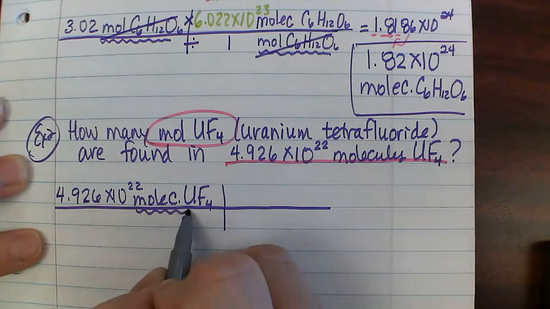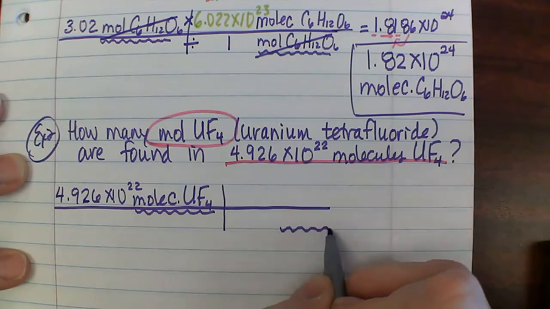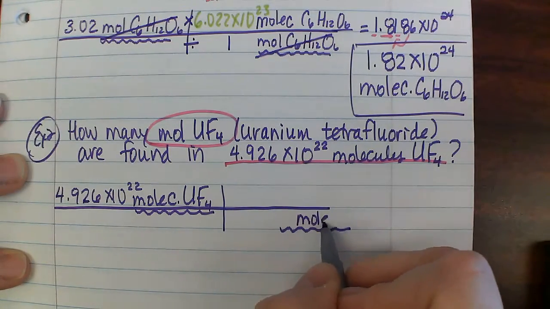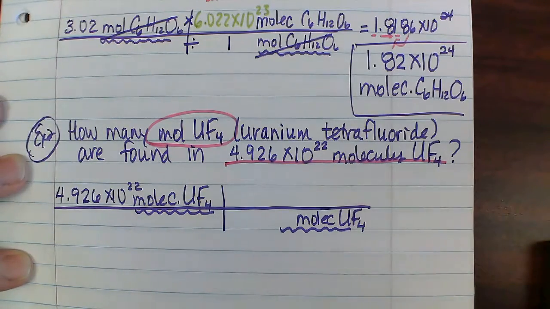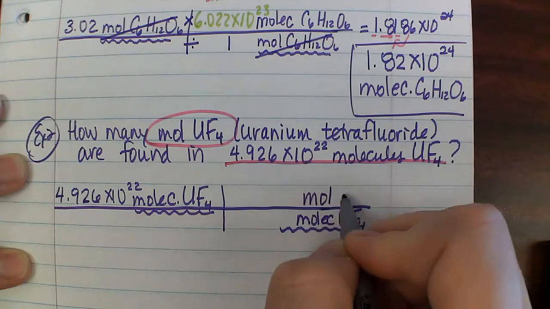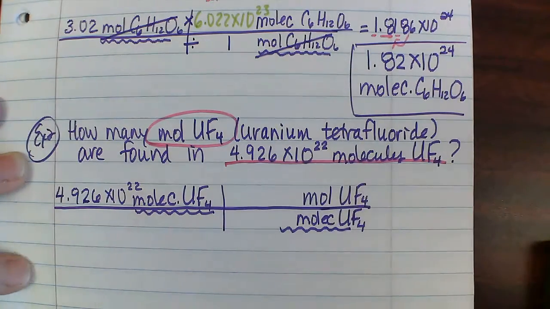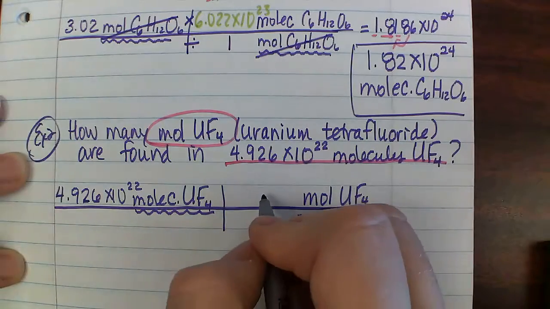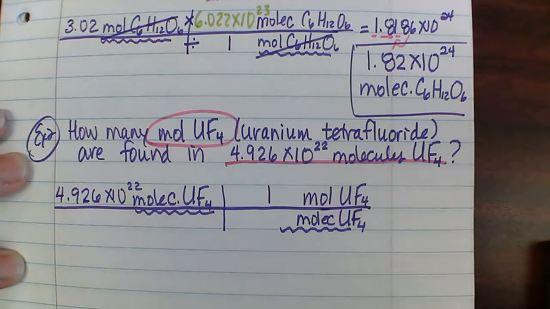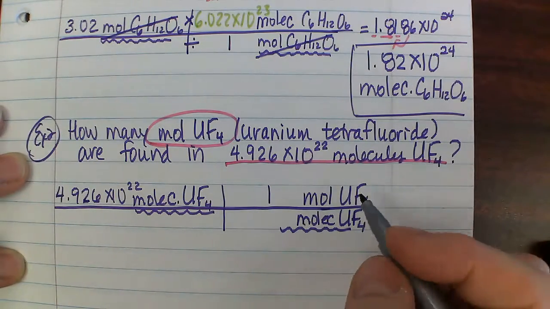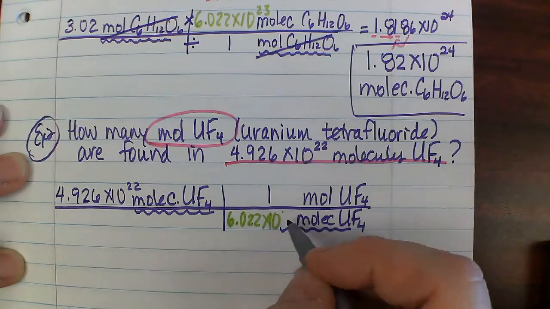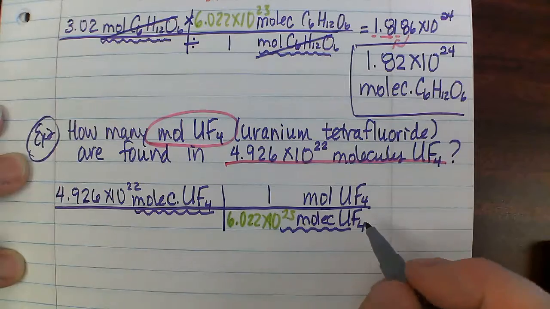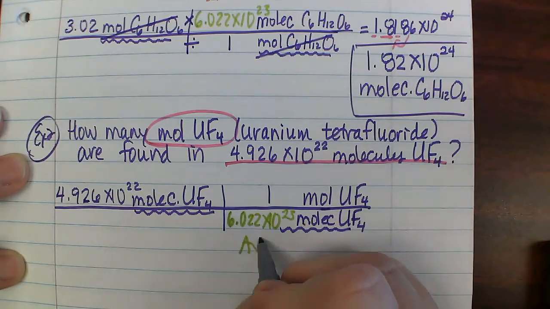Okay, I take whatever label's here and I put that label on the bottom. Molecules UF4. I got molecules on the bottom, so I'm going to put moles of the same thing on the top. My number for moles is always 1 for now. And molecules, that is one of the labels where I use Avogadro's number, 6.022 times 10 to the 23rd.